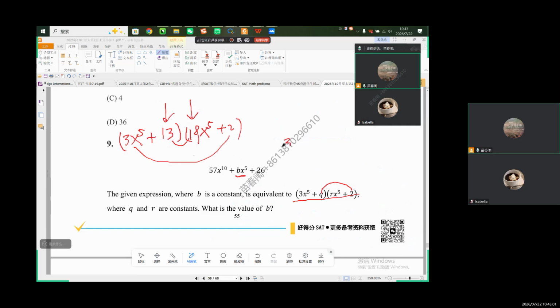This is 13 times 19 x^5 plus 6x^5. So eventually it's 13 times 19 and then plus 6. That will be my x to the 5th power, so that'll be B. Does that make sense?